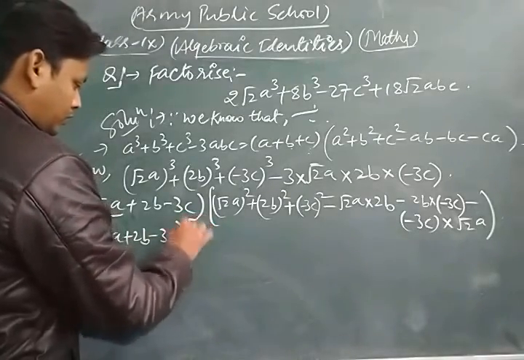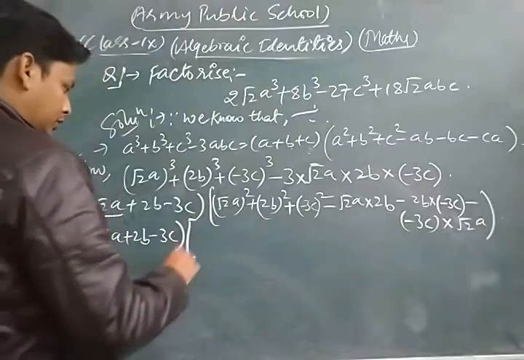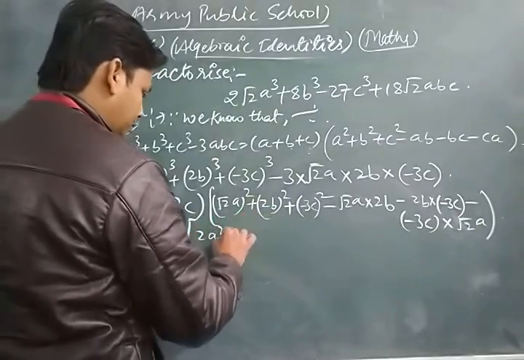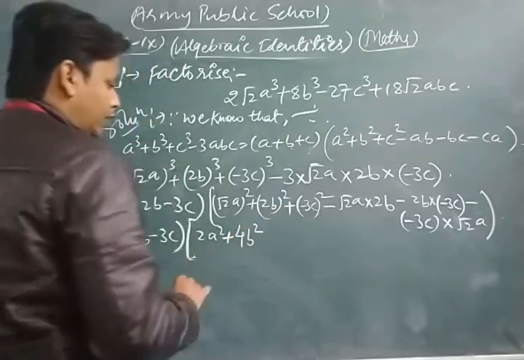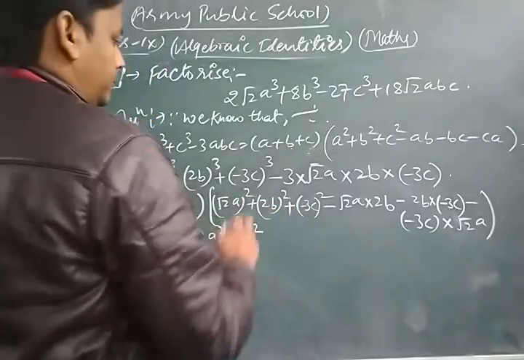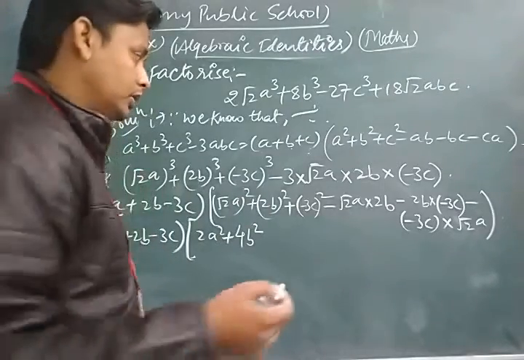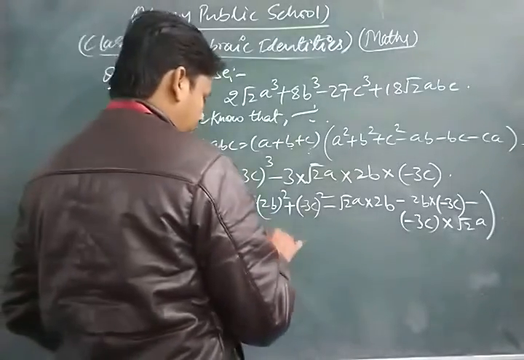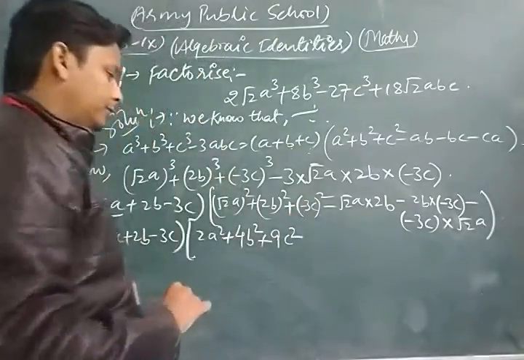Now root 2 a square means what? This is 2a square. Plus 2b square, that is 4b square. Now minus 3c square, minus square is converted into plus, so 3 square is 9c square.